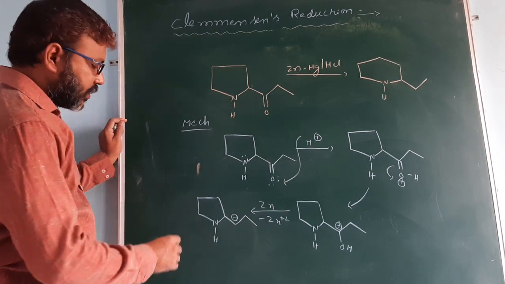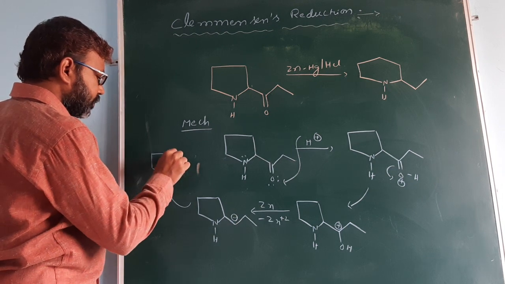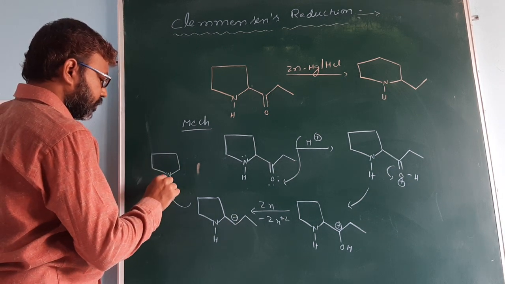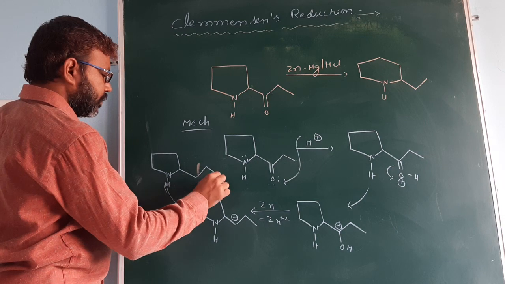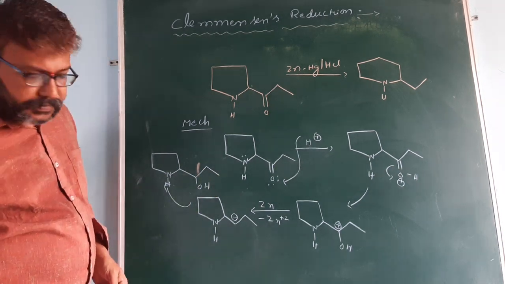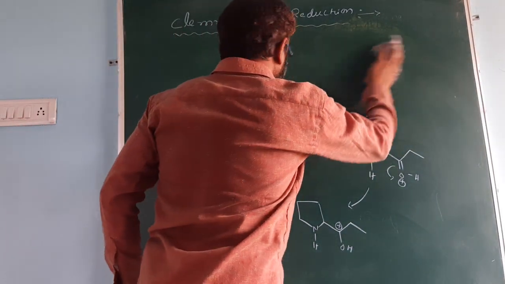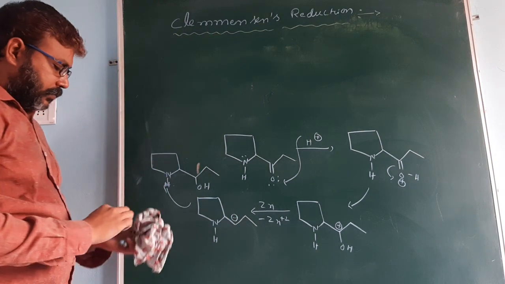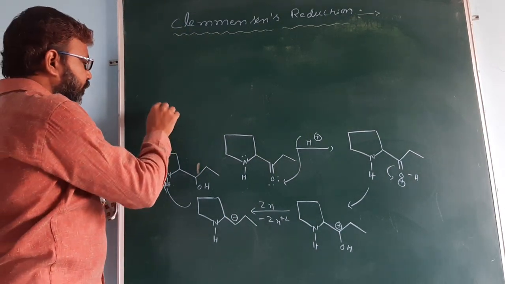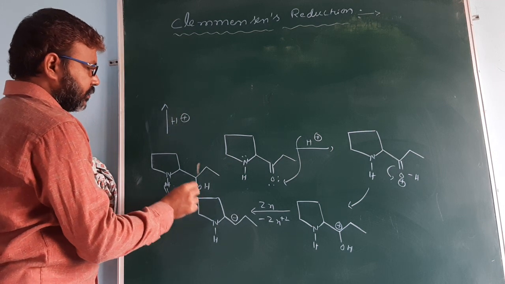The reaction takes place in acidic medium, so H plus attacks here. The reaction cannot stop at this stage. Further reaction takes place in acidic medium, so H plus attacks on oxygen.